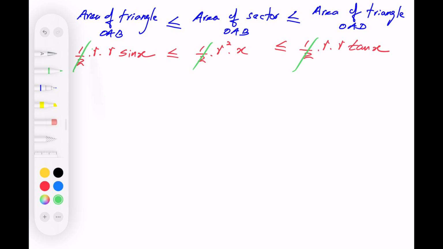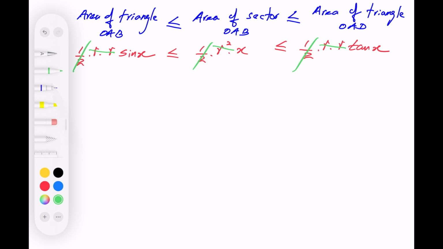The first term has r squared right here, the second term has r squared right here, and the third term has r squared right here. We can divide out that entire inequality from r squared as well. We know r squared is positive. When you divide an inequality by a positive quantity, the inequality stays exactly the same. Therefore, I'm going to go ahead and cancel off r squared as well.